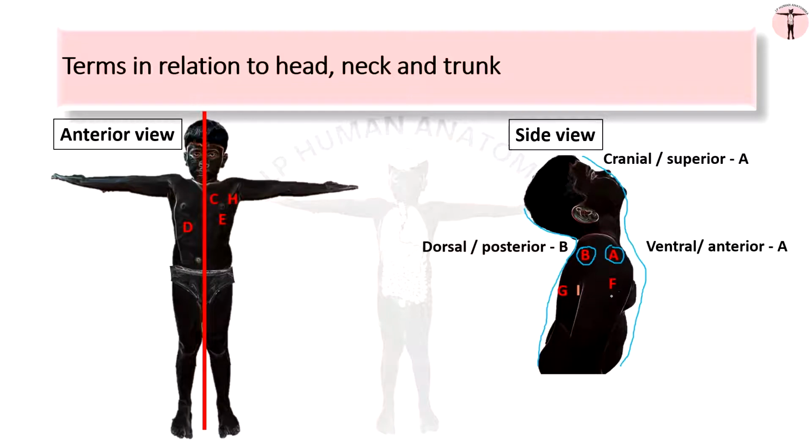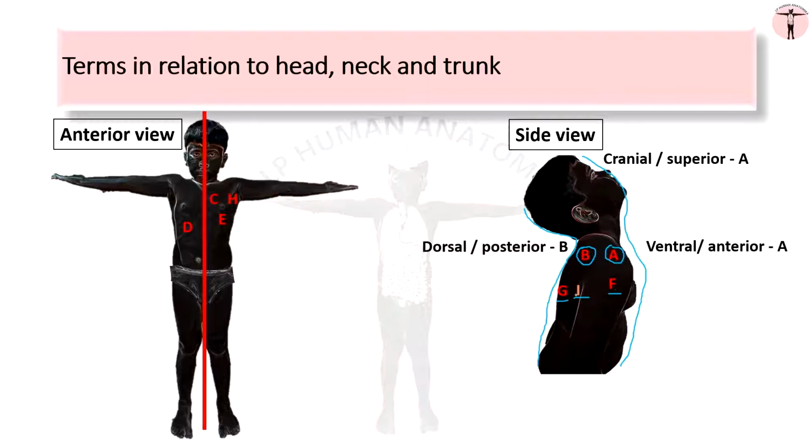Now another example to take here, F and I. F will be anterior and I will be posterior. Now if we take G, compare these three structures.